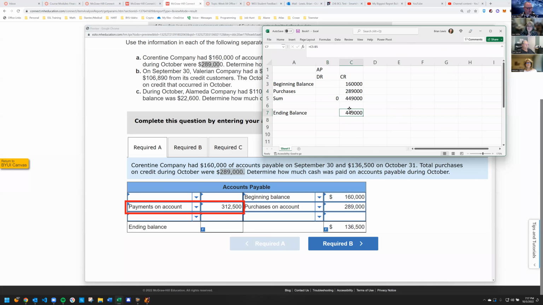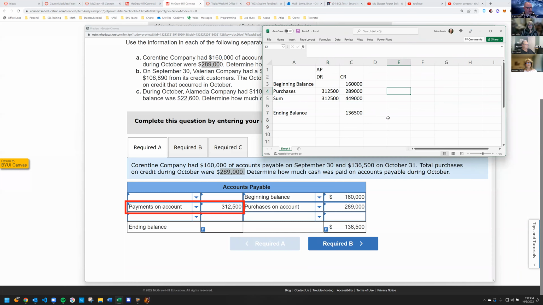So if I want this number to equal 136.5, then I do a little data, what-if, goal seek, and I can say I want this cell C7 to equal 136,500 by changing, I forgot the payments. Well, we'll get back to the payments in just a second, but by changing a cell on the debit side. And what I could do then is it's going to figure this whole thing out for me. What do you know? 312.5. So that's one way of doing it, because you're just plugging in the balance, right?